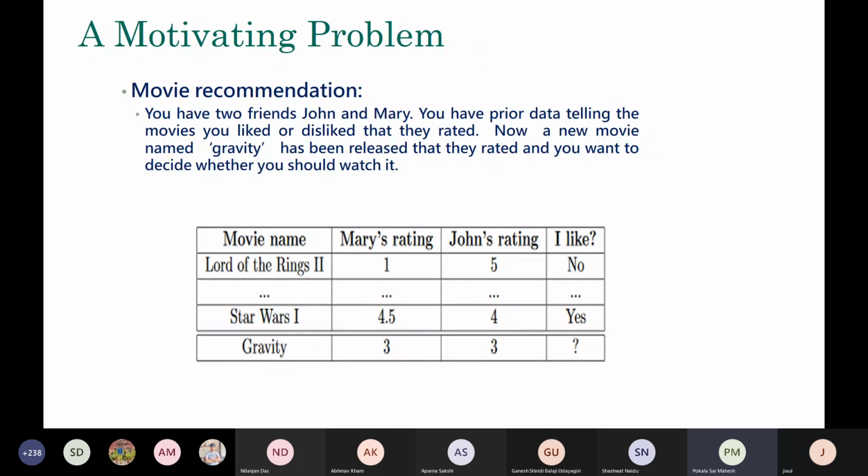So what is that problem? You have two friends, John and Mary, and you have prior data, some past data, telling which movies your friends liked or disliked and rated. Now a new movie comes in, in this case Gravity.